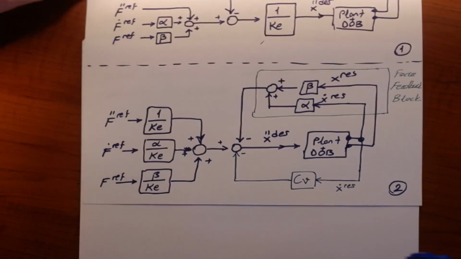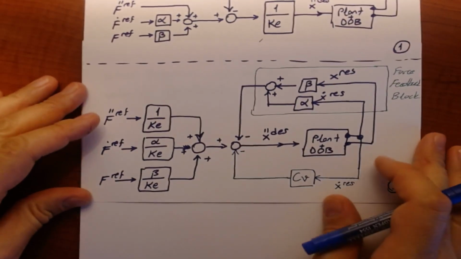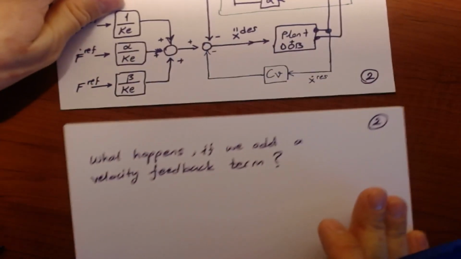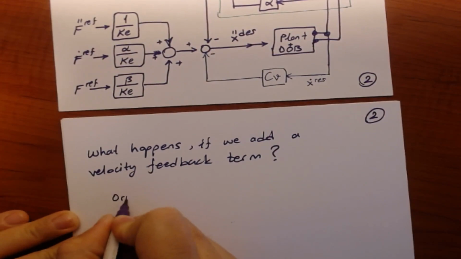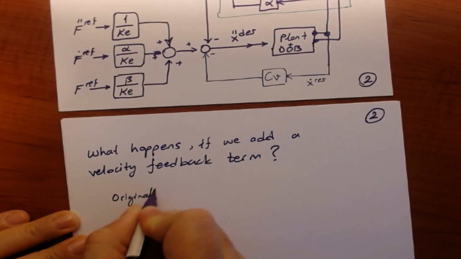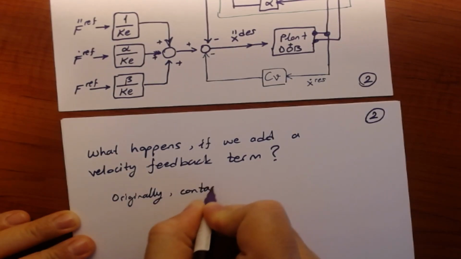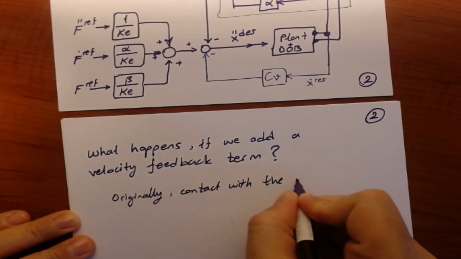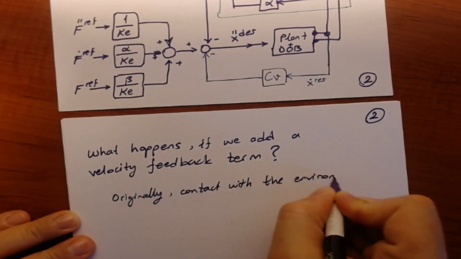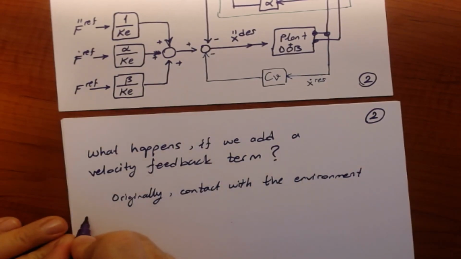Let me explain. In the original derivation, we have assumed that the contact with the environment was established. So, originally, contact with the environment existed.